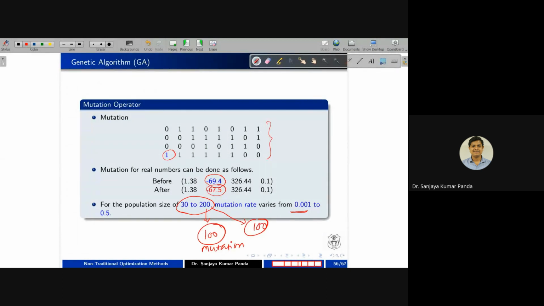This you can also get in experimental results. Those who have applied genetic algorithms, in their case you can get the number of mutations they are doing at max 100, or the number of crossovers in 100. So they are mentioning the crossover rate as well as the mutation rate.